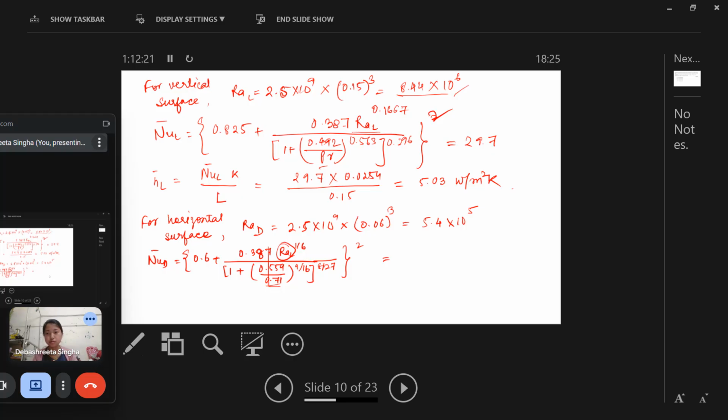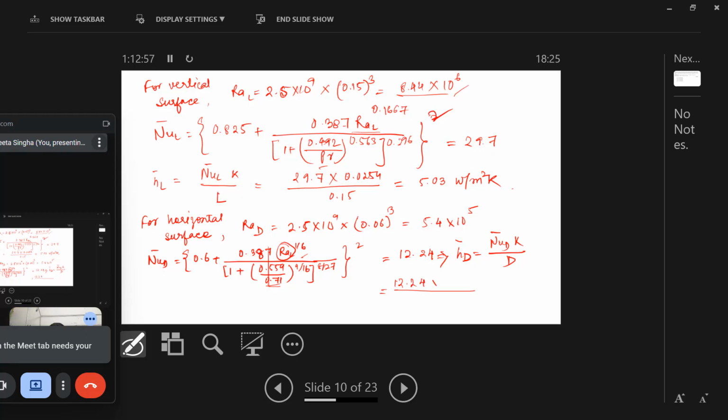So if we substitute all the values of this Rayleigh number and all, we get the Nusselt number as 12.24, and from here we get HL, so this will be HD because it is horizontal, so HD is equal to ND into K by D. So 12.24 into K, 0.0254, divided by D, which is 0.06.